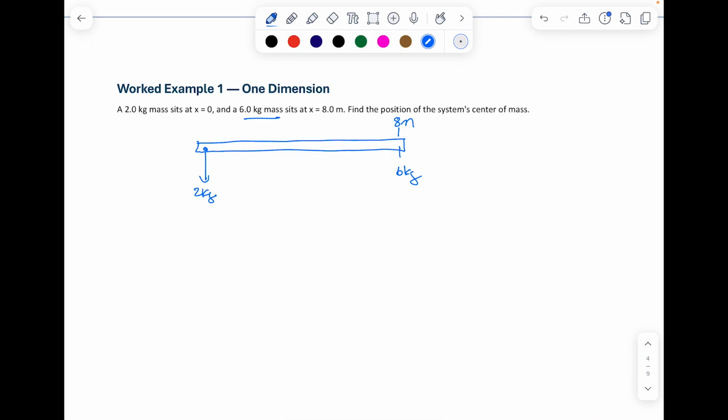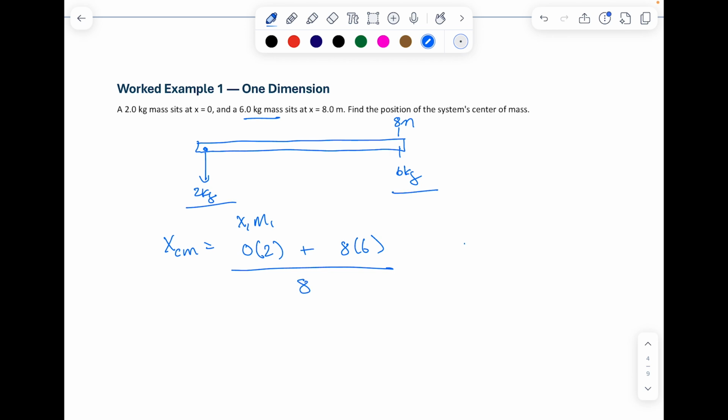Well, we apply our cool equation. We would say X is equal to X1 M1, which would be 0 times 2, plus 8 times 6, all over 8, right? Because it's 6 plus 2.